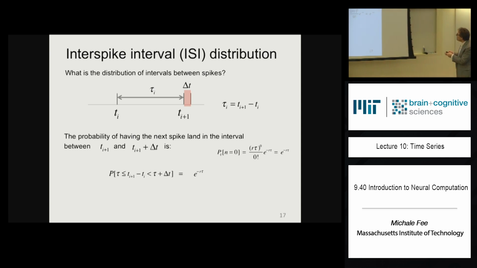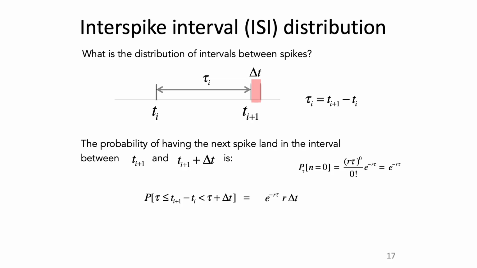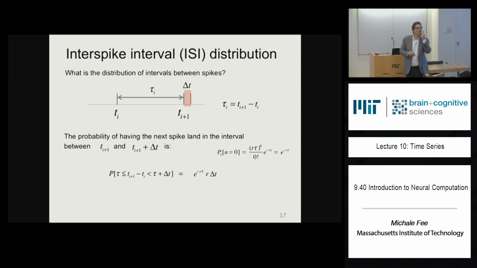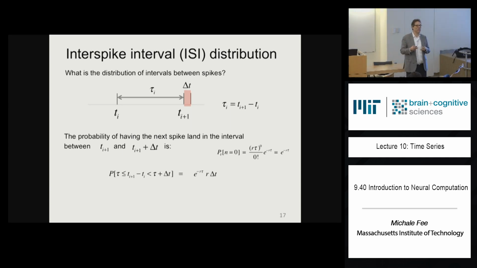Okay, so the probability of having a spike in that little window is just R delta t. Okay. Yes? Yeah, I just changed the name of the variable. If you look in the statistics literature, they most often use mu, but when we're talking about firing rates of neurons, it's more convenient to use R, and so they're just the same.